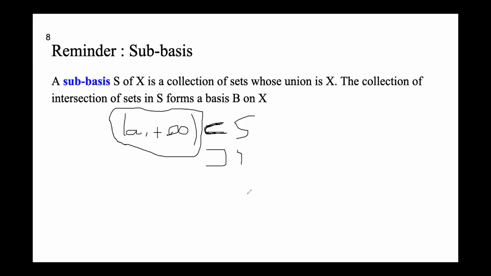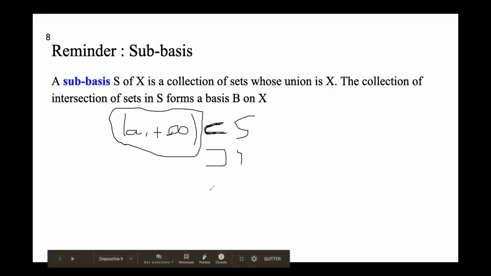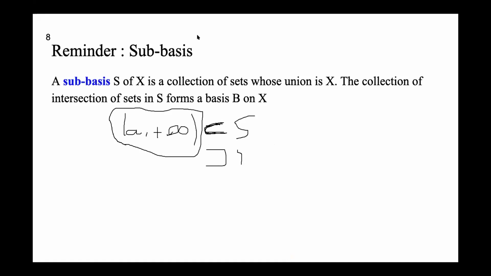So let's say every basis element for the order topology equals a finite intersection of open rays, right? This is by definition, as we said in the beginning.